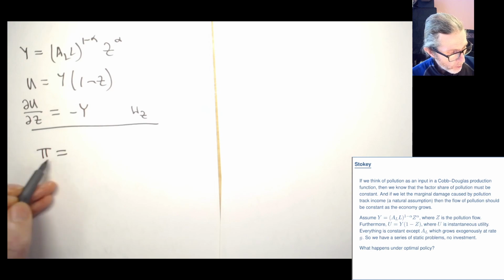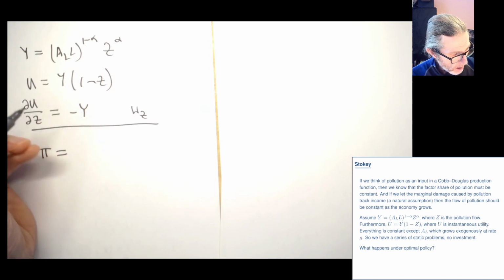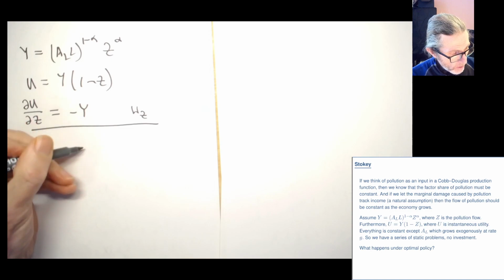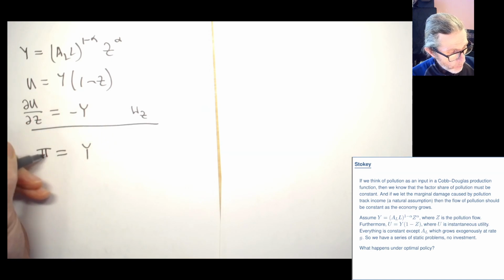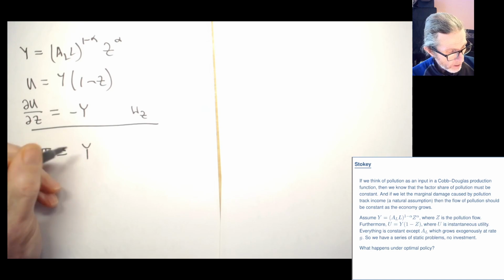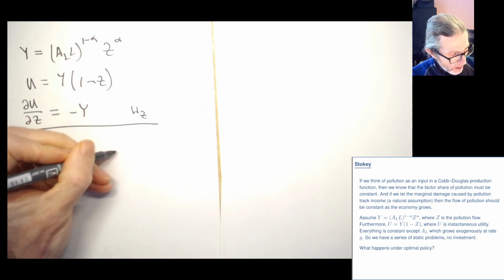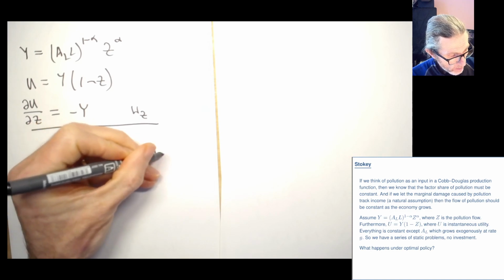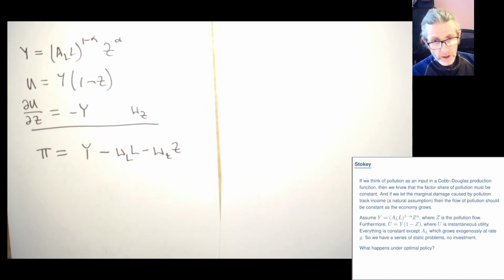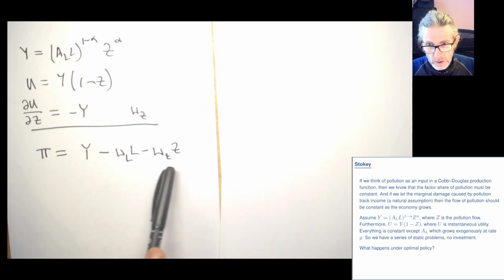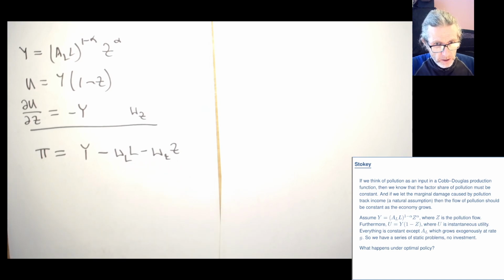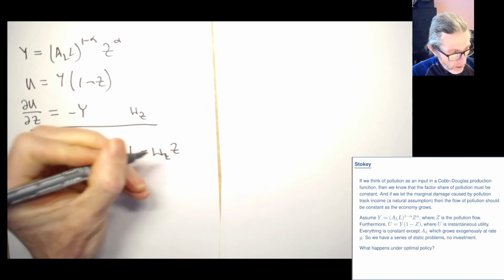So the profit maximizing representative producer has profits PY Y, whereas PY is normalized to 1, minus wL L minus wZ Z. And remember, we assume always, unless we say otherwise, perfect markets. So this is a small producer who is representative of all the producers, a price taker, so wL and wZ are exogenous to that producer.